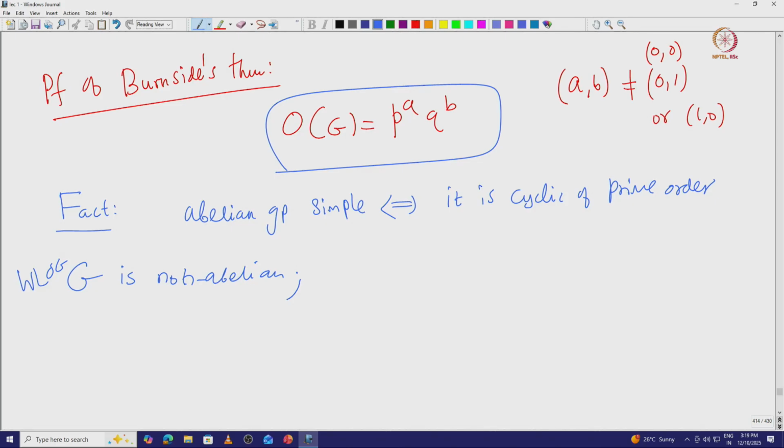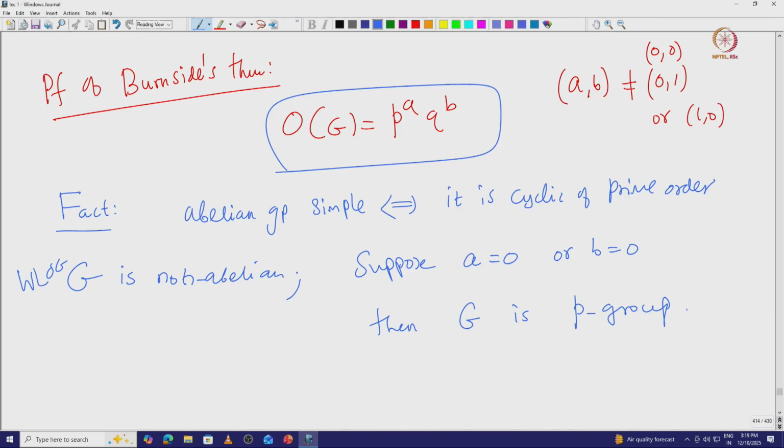Now for some reason let us say one of a or b is 0, then what happens? Then it is actually a p-group. So suppose a is 0 or b is 0. Then we know that G is a p-group. A p-group means it is of prime power order.